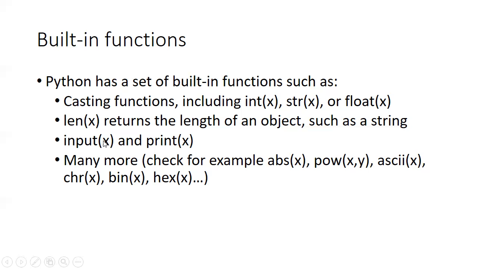What happens with input is it will put that string on the screen, and then whatever the user types after that will be returned into whatever variable you set that to. Print, so here's one that doesn't actually return a value, right? So you can have a function that doesn't return a value. Here you input a string and it just puts it up on the screen for you. That's all print does, it takes the string that you put as a parameter and puts it up on the screen.